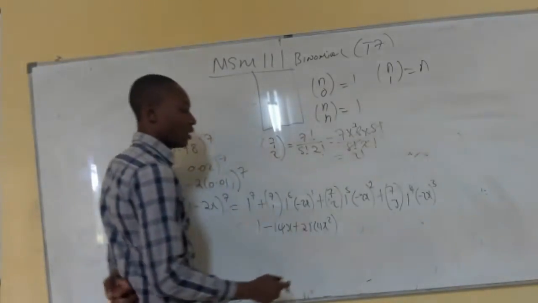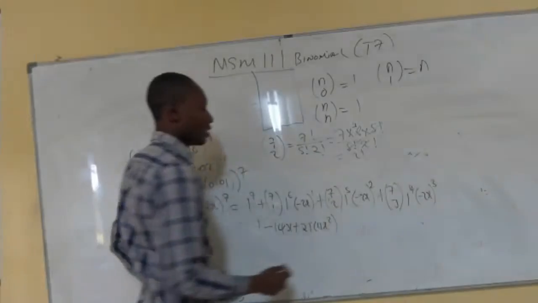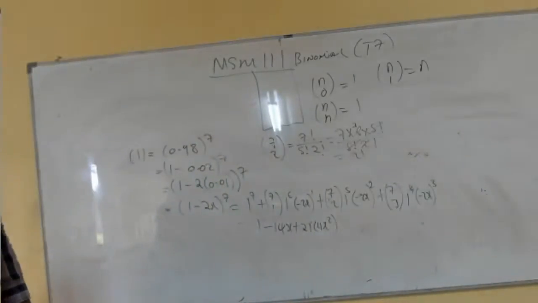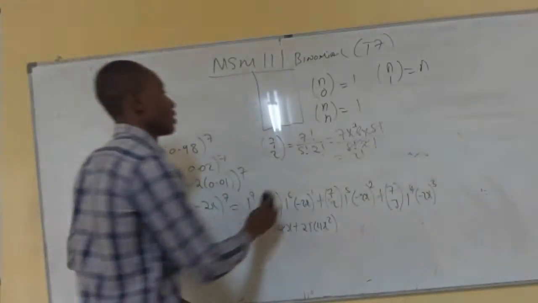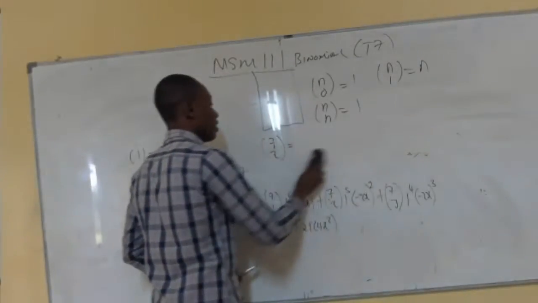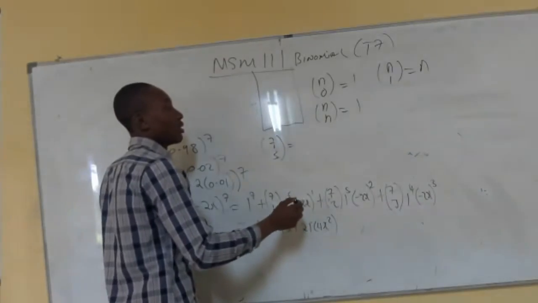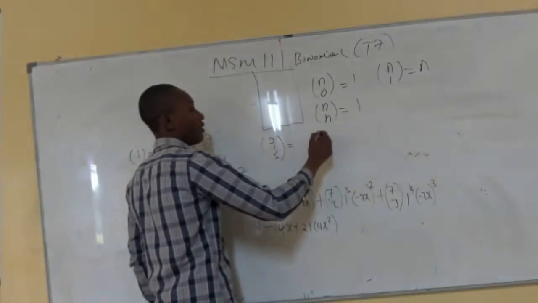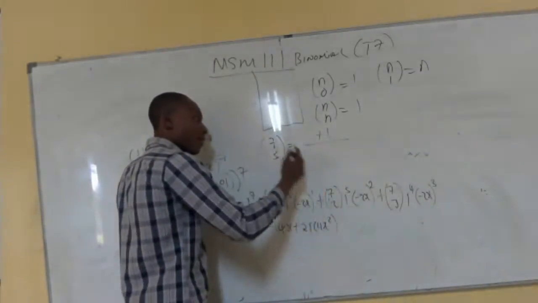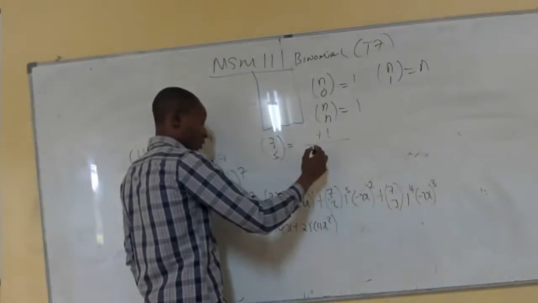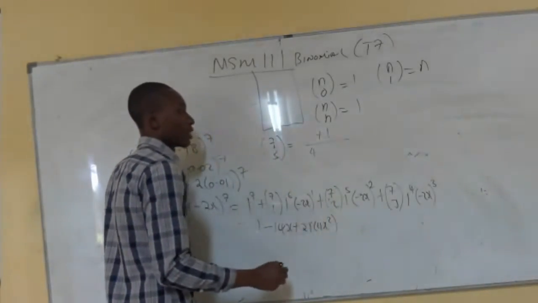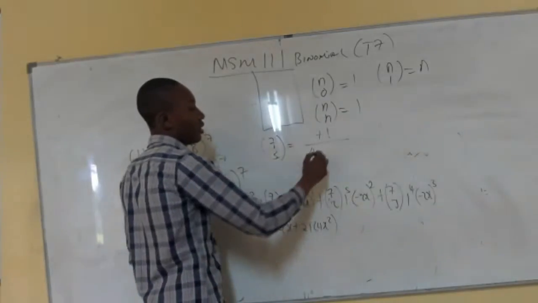We'll write it later. 7 choose 3. What is 7 choose 3? So we now need to know what 7 choose 3 is. 7 choose 3 is 7 factorial over 7 minus 3, which is 4. Okay, 7 minus 3 is 4.